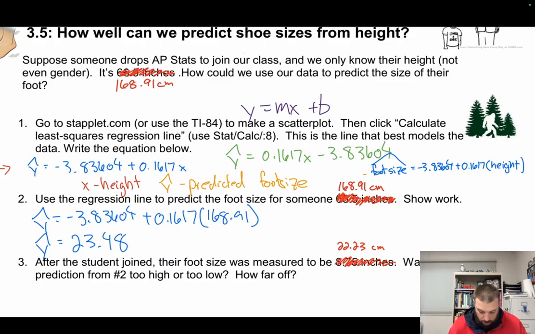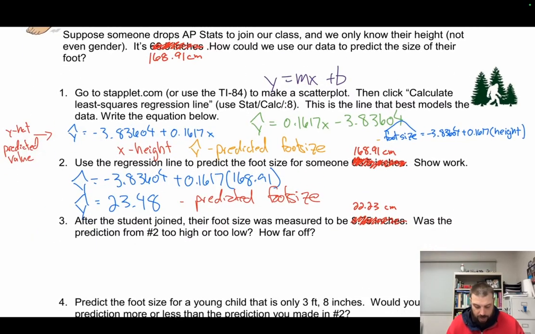So we'll go with 23.48. And remember, that is our predicted foot size. Then 3: after the student joined, their foot size was measured to be 22.23 centimeters. Was the prediction from number 2 too high or too low? And how far off were we?